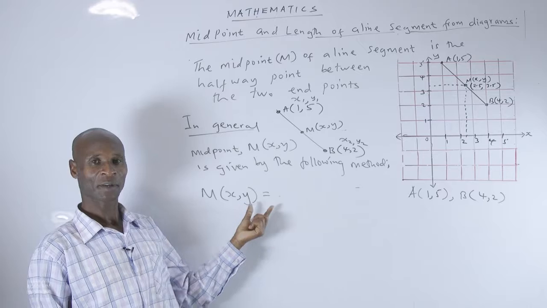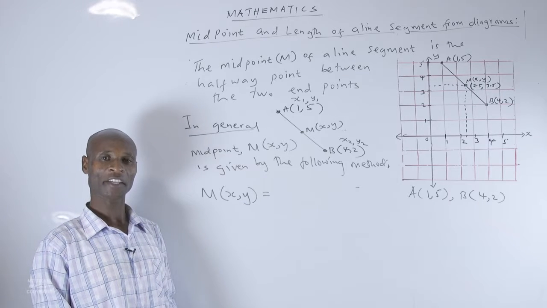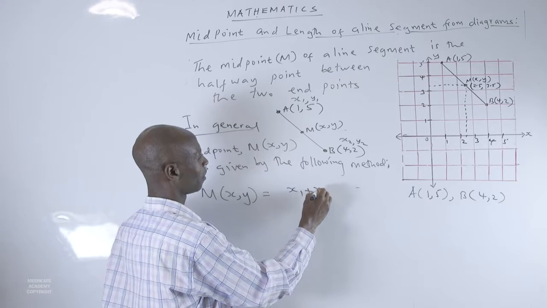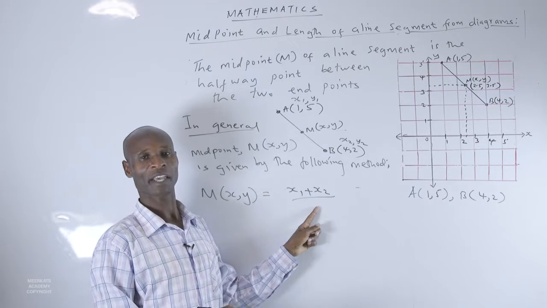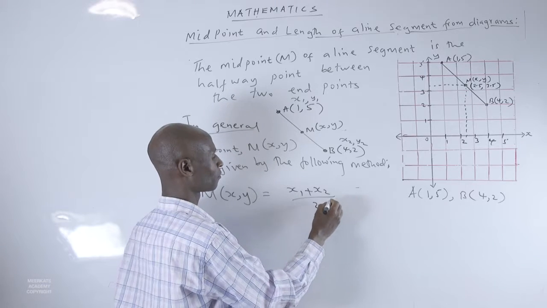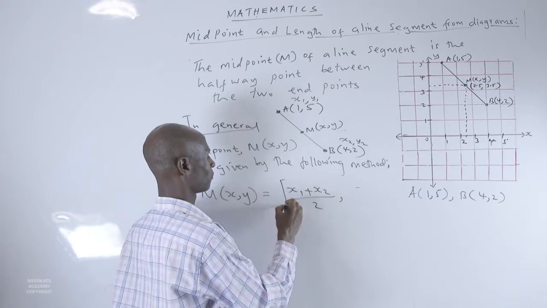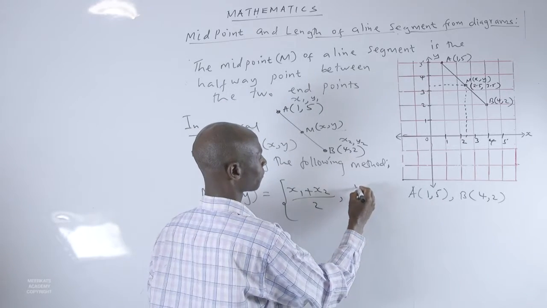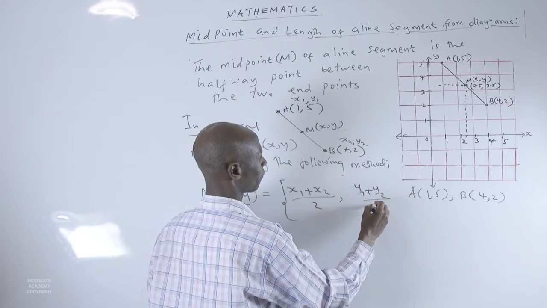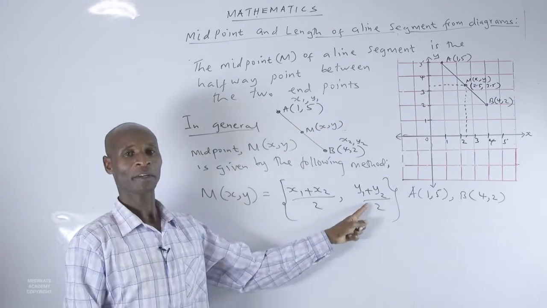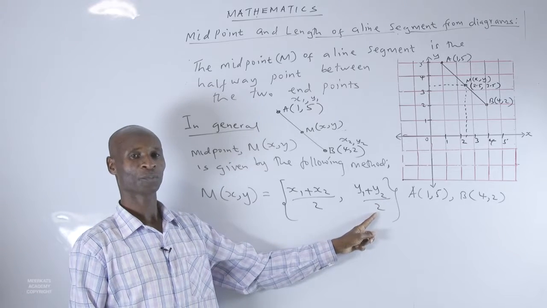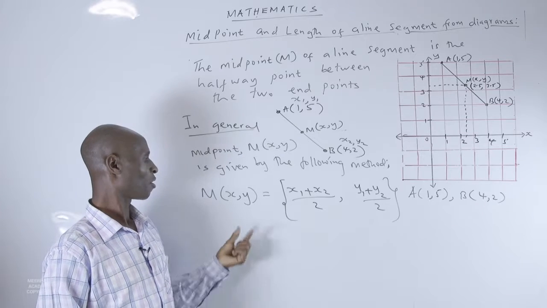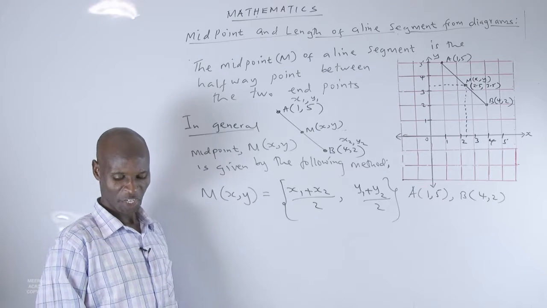To determine that, we just take the average of the x-coordinates of the endpoints, that is x1 plus x2 divided by 2, then the y-coordinate will be y1 plus y2 divided by 2. So that is how we get the midpoint of any given point in general.